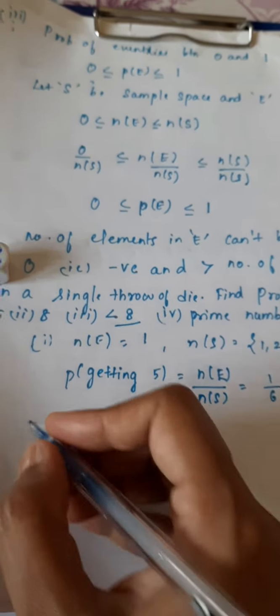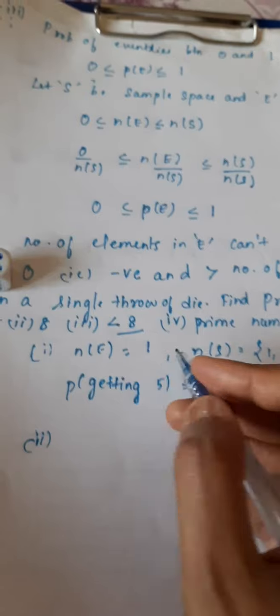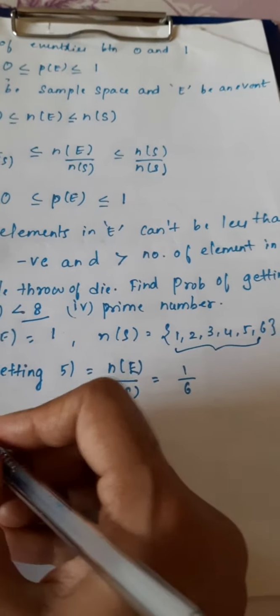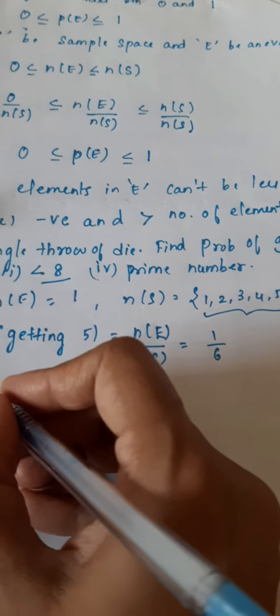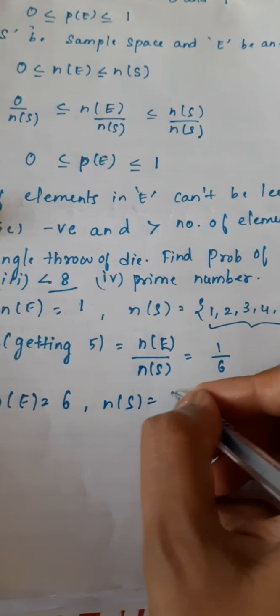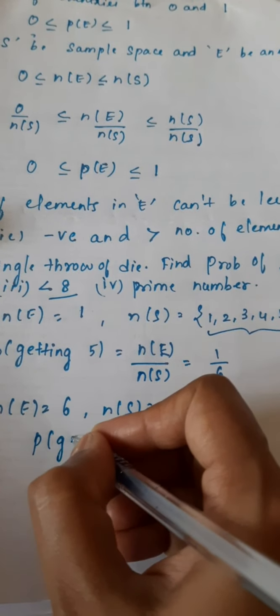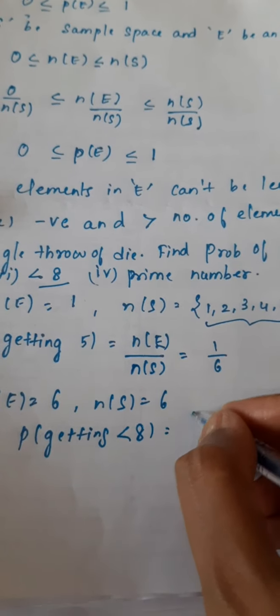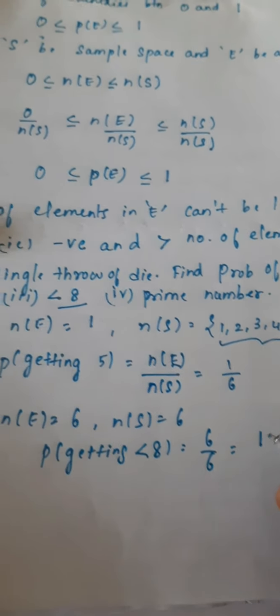Next, third part of the question, probability of getting less than 8. So all 6 are favorable outcomes for this. So probability of getting less than 8 is 6 by 6 and it's 1.